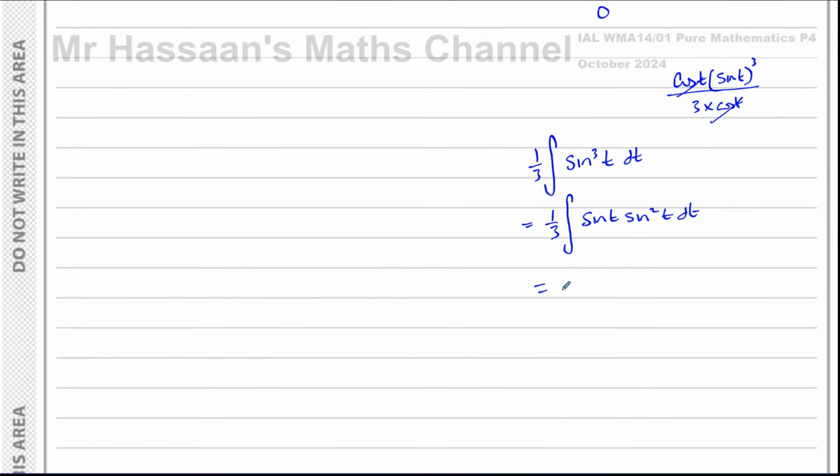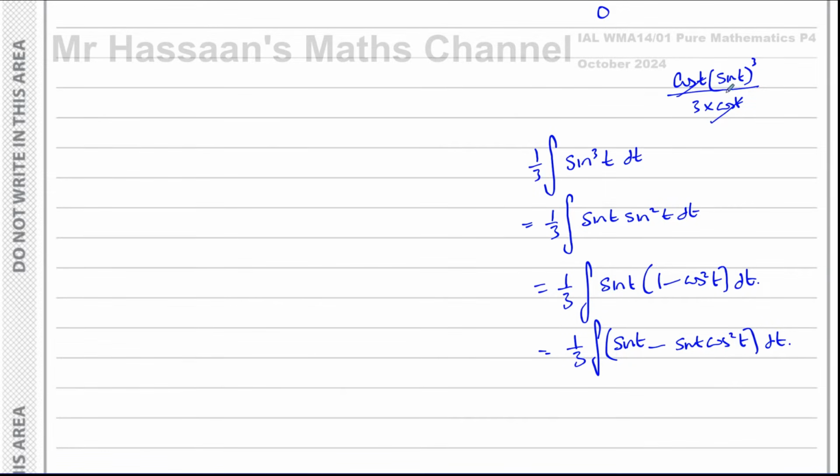Now this is going to give me a third times sine t, and sine squared t is 1 minus cosine squared t from our basic identities. So this is going to be a third times, if I expand the bracket, sine t minus sine t cosine squared t. And then I have the same situation as before but the other way around. This time cosine t is inside the function, and outside is the differential of what's inside.